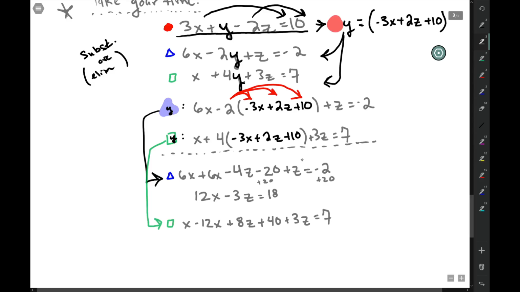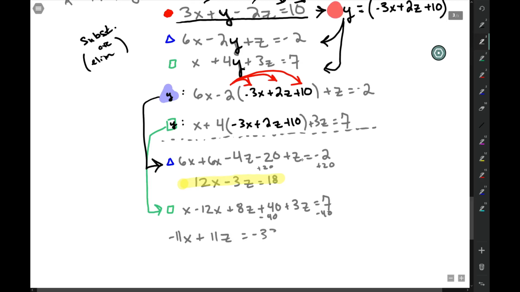Let's simplify it up. We have -11x plus 11z. Subtract our 40 over, equals -33. Okay, and we'll highlight this equation to now use.